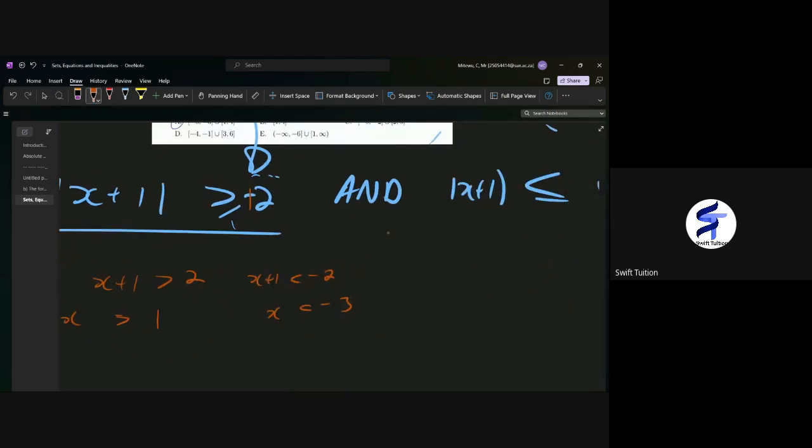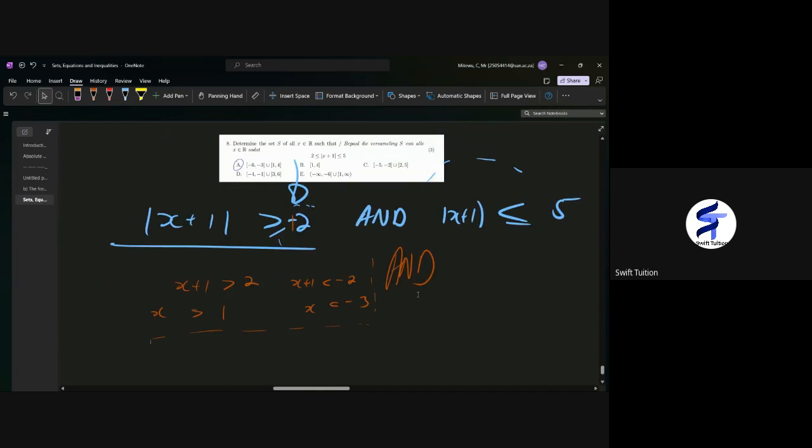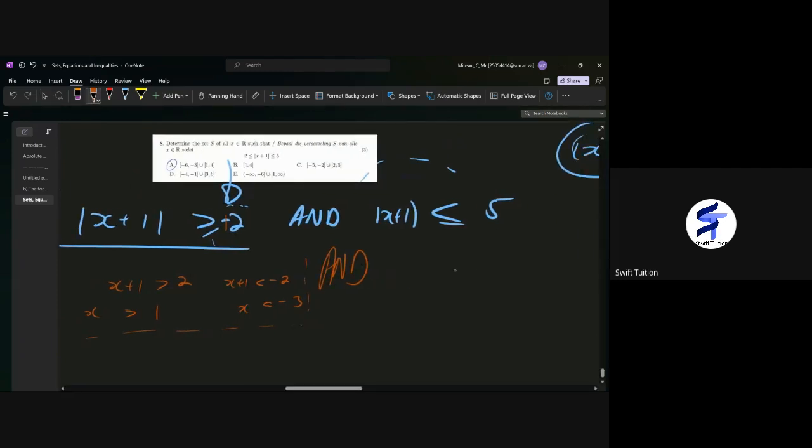Then we need to find the intersection of the set on the left with the set on the right. And this one is now going to be the in-between set, because you can see there's the less than sign over here. So x + 1 is going to be in between -5 and +5.